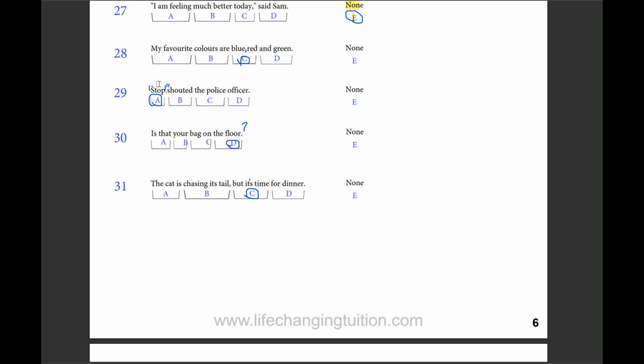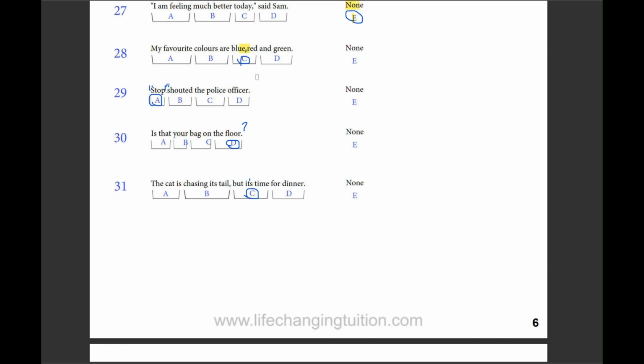Question 28. Punctuation. Our sentence here is, "My favorite colors are blue, red, and green." Now let's look at the choices. A, my favorite colors; B, are; C, blue, red; D, and green; E, none. When we think about why certain options aren't quite right, we can consider that it's not E because a list definitely needs commas to make it clear.